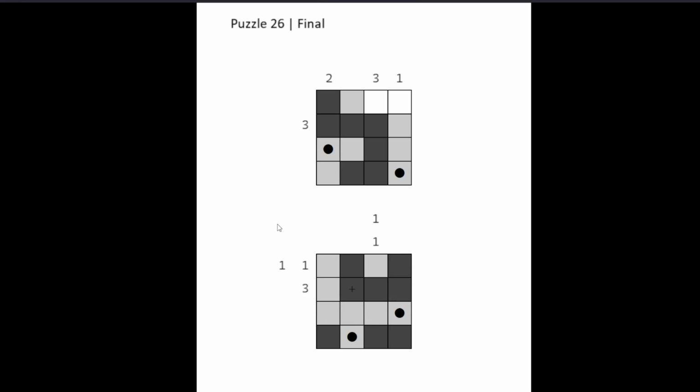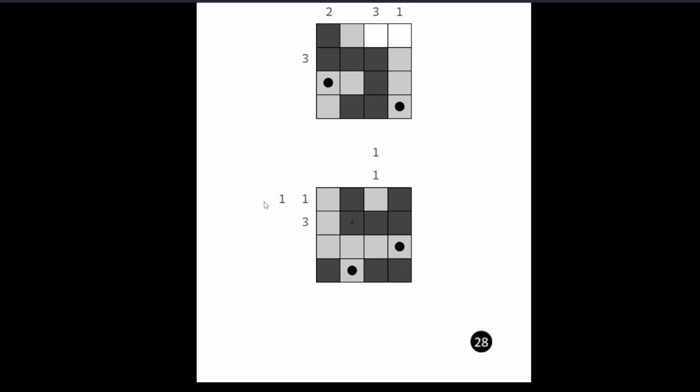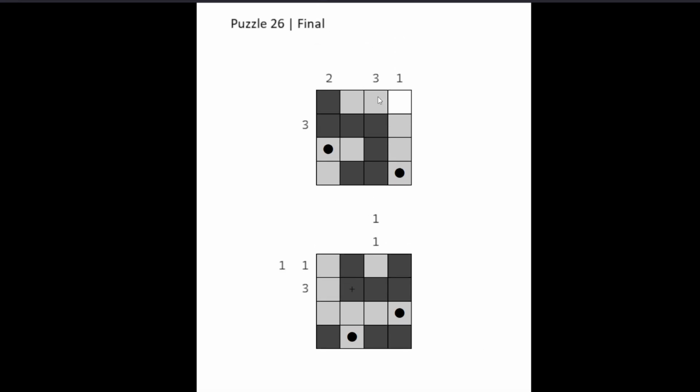So the four corners match, and currently there's diagonal symmetry as well. All right, we'll come back to that, I guess. Okay, and then this is easy to solve. Okay, so that's uniquely solvable.